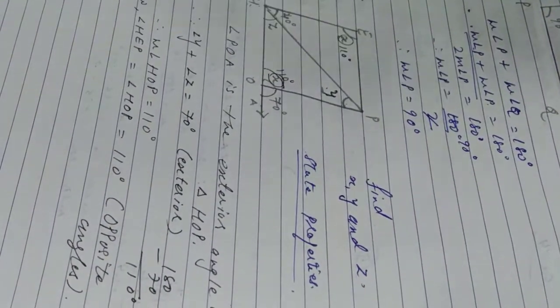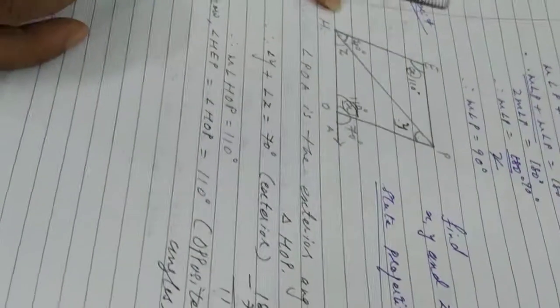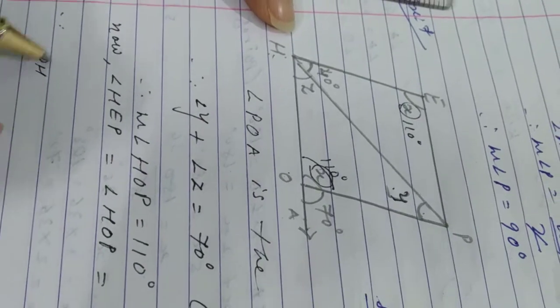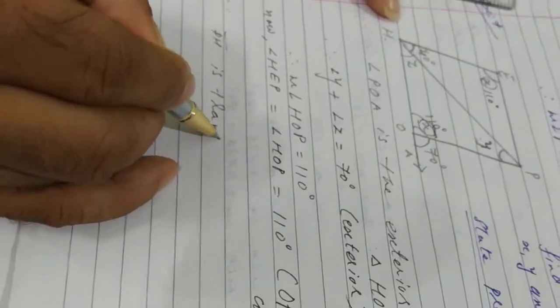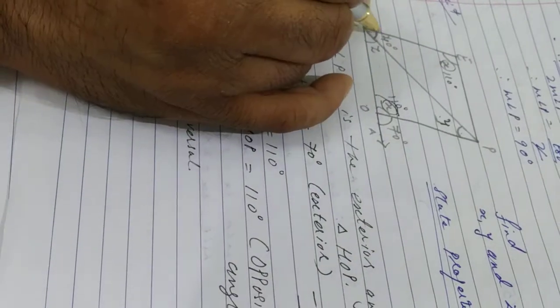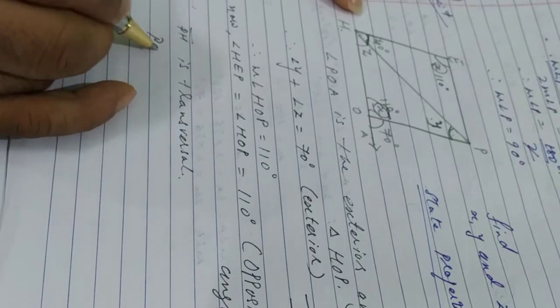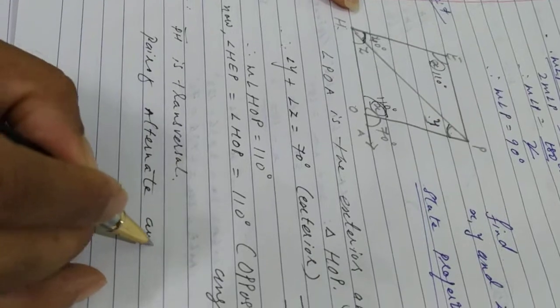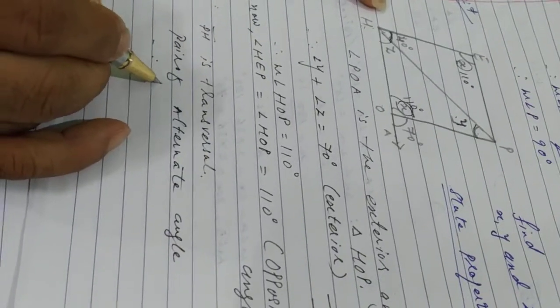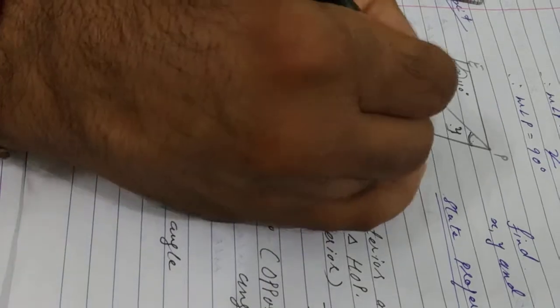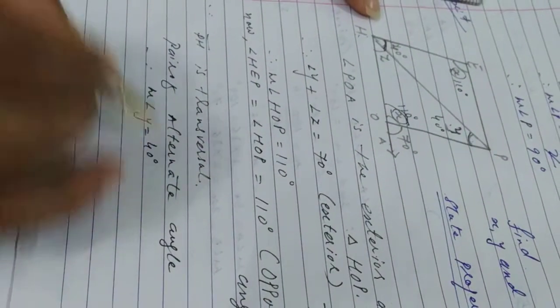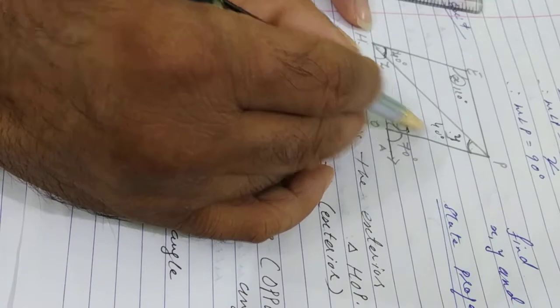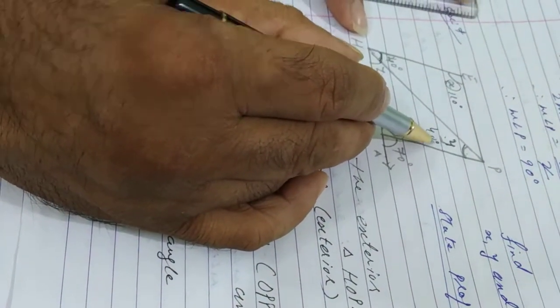Can you see properly? Which is the transversal? Line segment PH is a transversal. This and this are an alternate pair of alternate angles. Therefore, measure angle Y is equal to 40 degree. Now we have the measurement of two angles, 110 and 40.